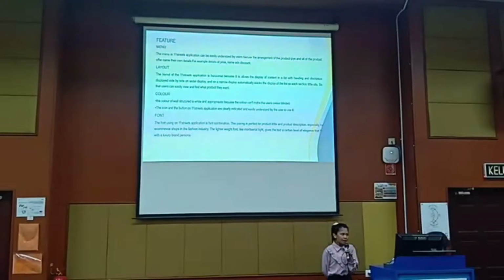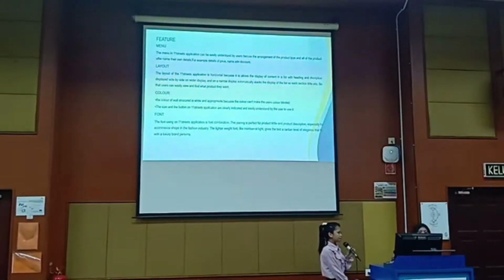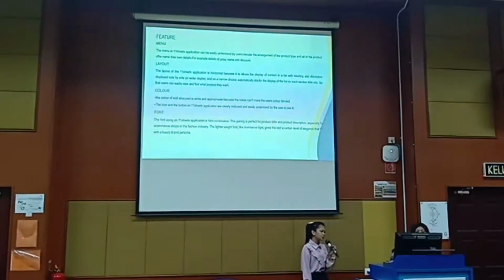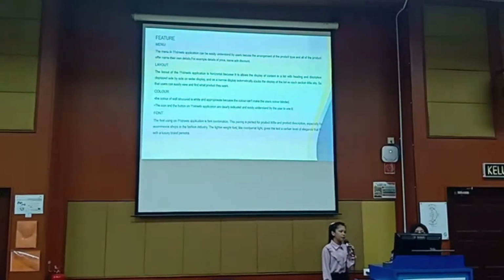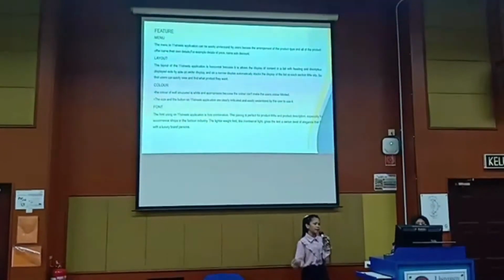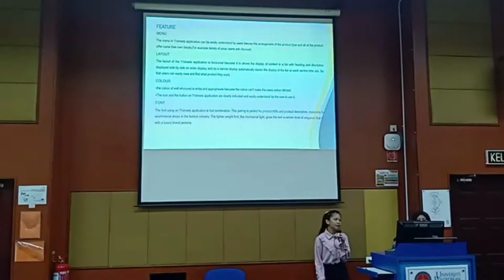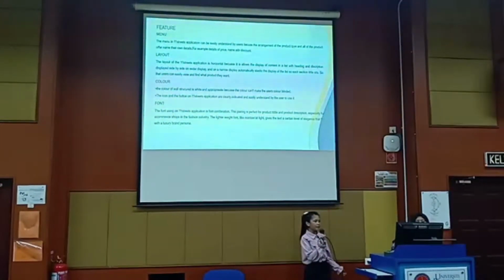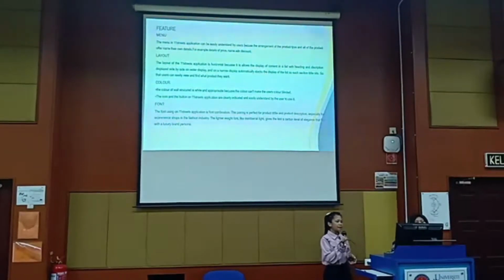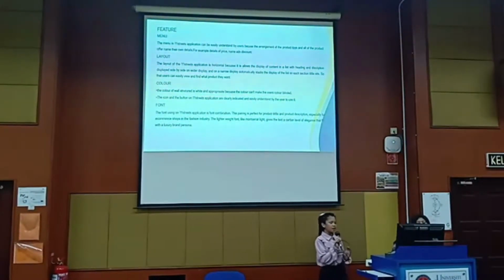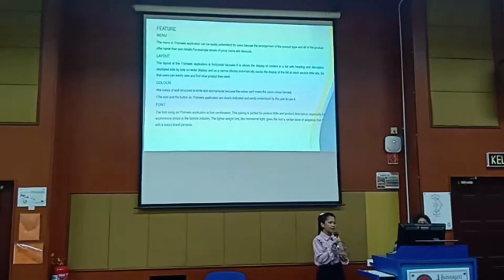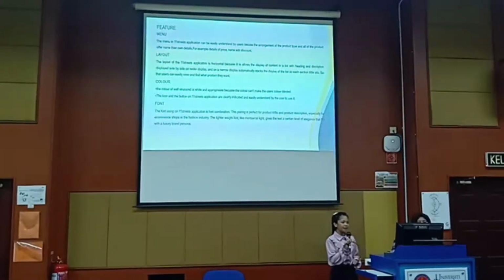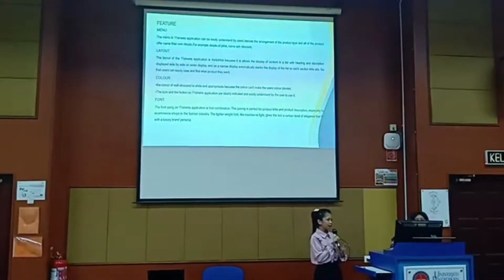In color, the color of the wall structure is white and appropriate because the color cannot make users color blind. In icon and button, the icons and buttons on the 11 Street application are clearly indicated and easily understood by the user.